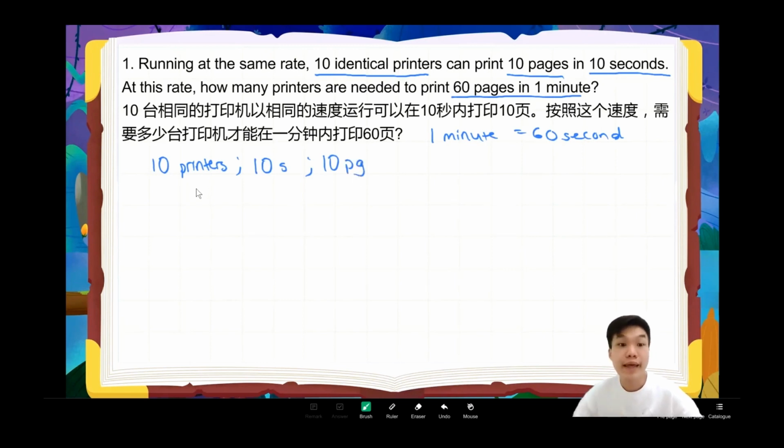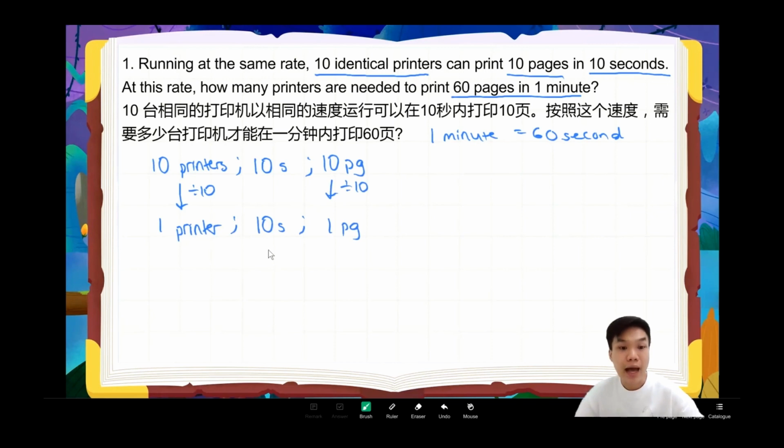One printer can print how many pages in 10 seconds? Let's see. So from 10, I divide 10 into 1 printer. The time taken is still the same. So 10 divided by 10 equals 1 page. 1 printer can print 1 page in 10 seconds.